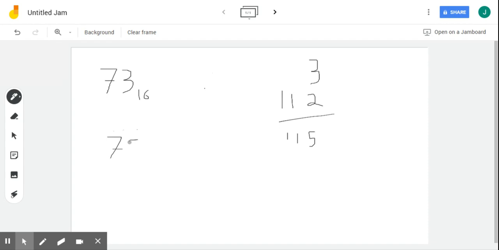7E in base 16. So again, the process is exactly the same. We're going to start at the right of the number, and we're going to look at what that number is in decimal. Now 3 in hex, this 3 here, was 3 in decimal.